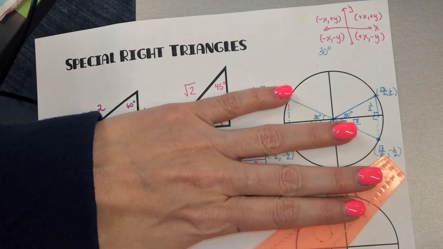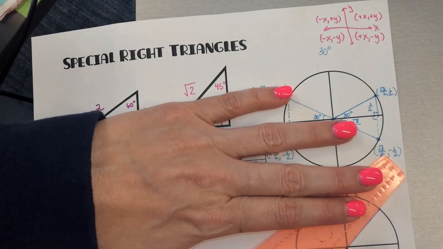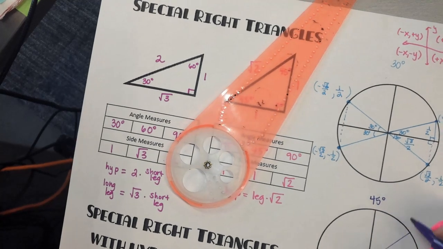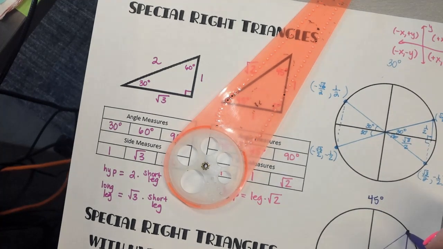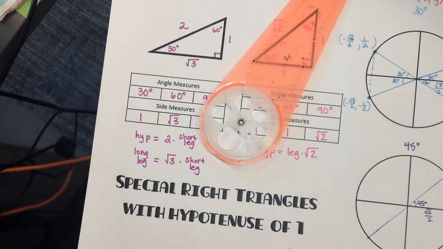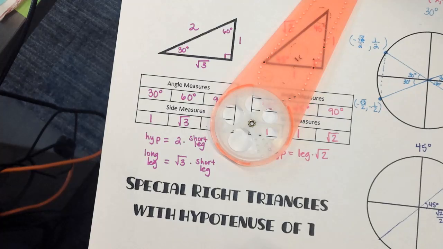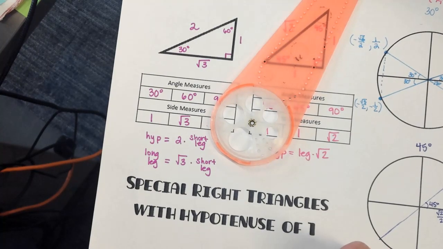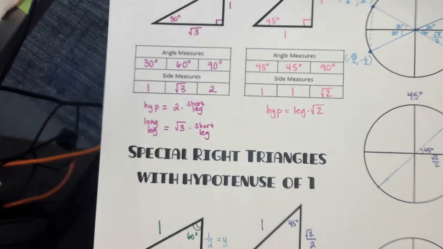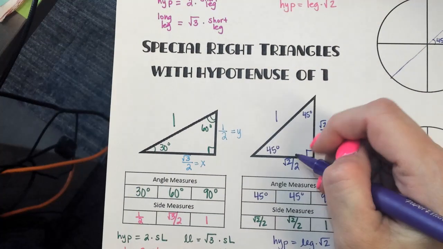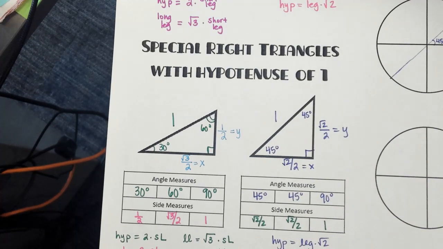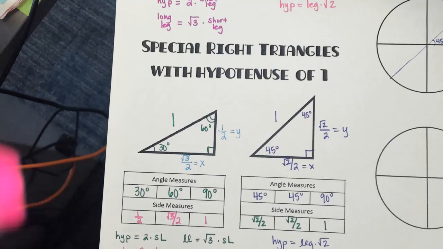All right, and then for the 45 degree, you have a triangle here. And we got root 2 over 2 for our x value and our y value. Okay, anytime you have a horizontal axis, that is going to be associated with the x-axis. Okay, vertical is associated with the y.